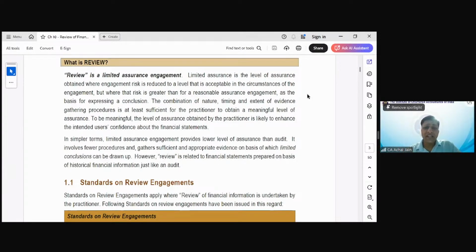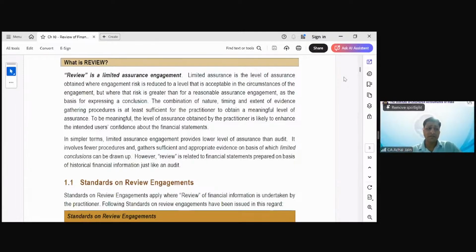But there again, a question may arise. It's fine that testing is going to be lower and procedures are going to be lesser, but which procedures will not be performed? What do you cut down? If somebody asks that, okay, it's fine that audit procedures are going to be lower and the extent of testing is going to be lower, but what is going to be reduced?